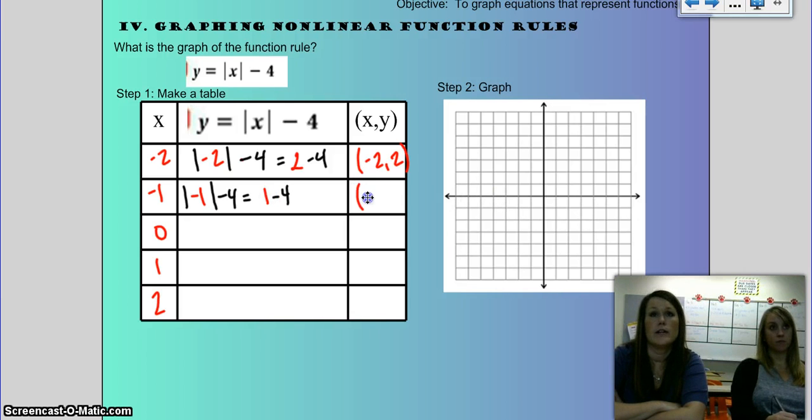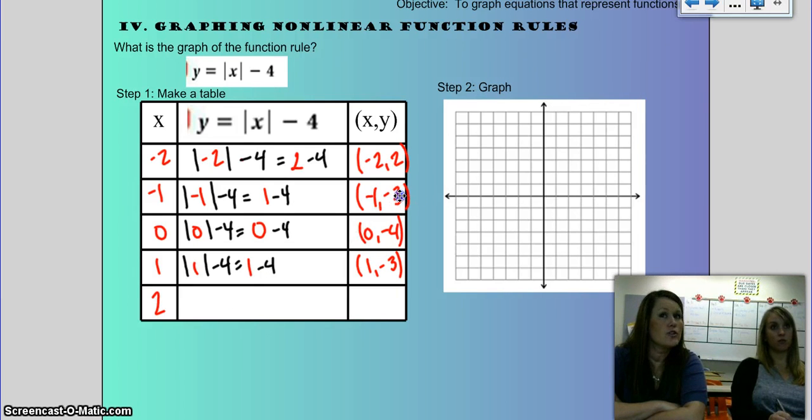So 1 minus 4 is -3. So -1, -3. I'm kind of seeing a pattern. 0 minus 4 is -4. So 0, -4. Absolute value of 1 is 1, minus 4. So like she said, it's 1 minus 4, so then that would be 1, -3.